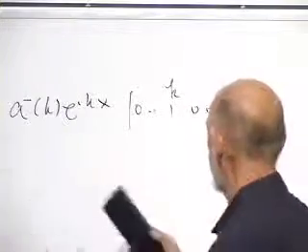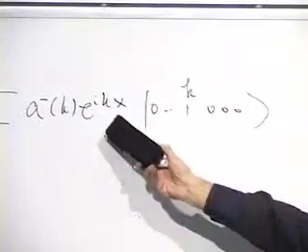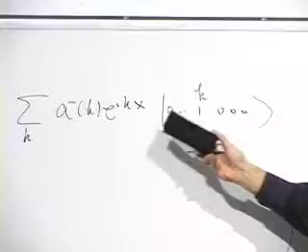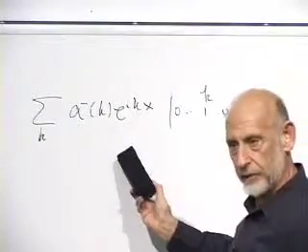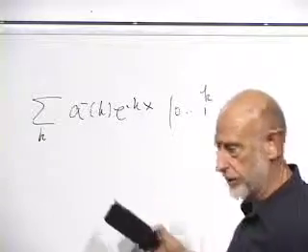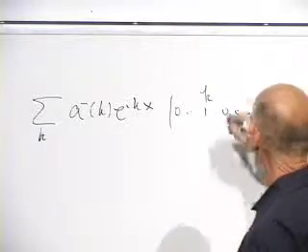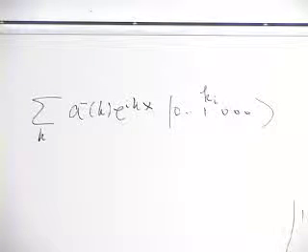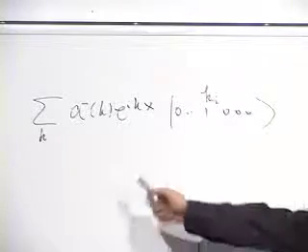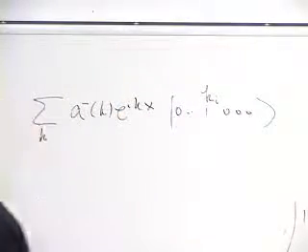Now, this is a sum over k. This k is different than this k. In what sense? Here we're summing; this is a dummy index, just a summation index. This is some definite k, let's call it k initial, the initial momentum of the particle.